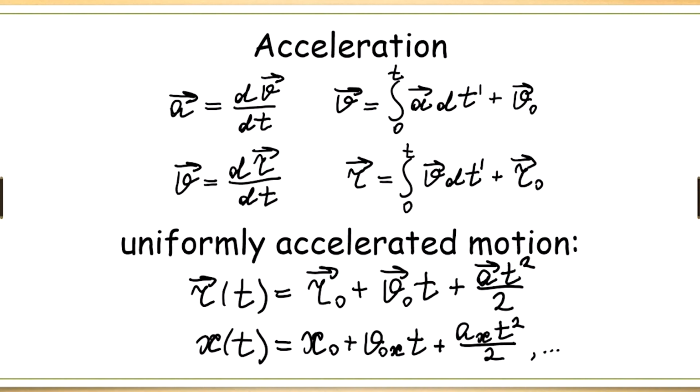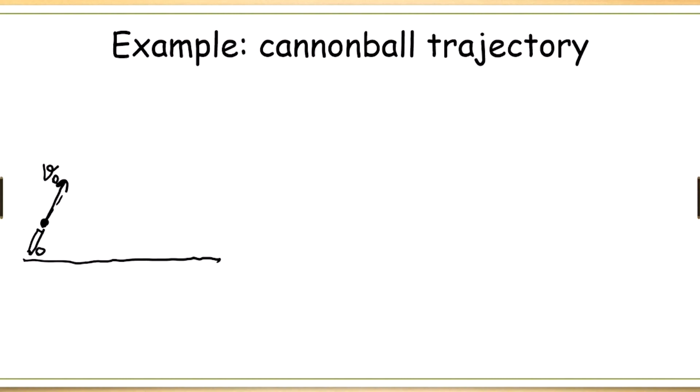This equation can be projected using a system of coordinates, and it can be represented as a system of equations on the coordinates. For example, this will be the equation on the coordinate x. You can write down similar equations for the coordinates y and z. Let's solve a simple example to show what kinds of problems you can solve knowing only this.